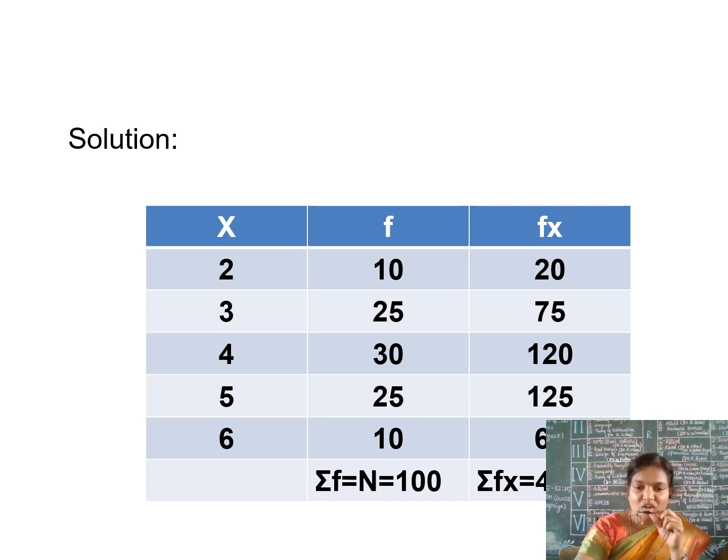The third column is the product of the first and second columns. It will be Fx, because the formula for calculating arithmetic mean for discrete series is summation Fx by N. Here N is different. You can compare individual observation and discrete series. In individual observation, N is the number of items, but in the discrete series, N is the total of the frequencies. In our question, the total is also there. You just substitute here.